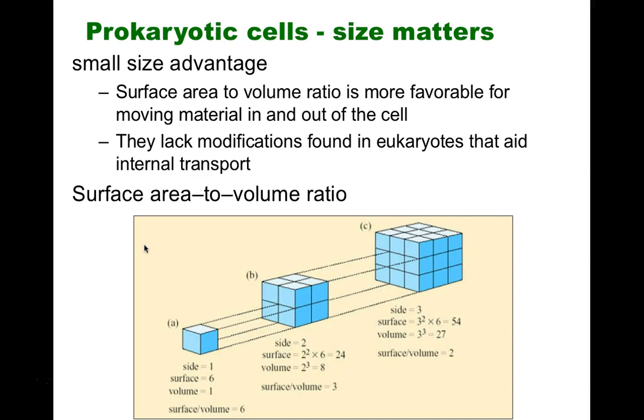With larger cells, like plant and animal cells, with that very small surface area to volume ratio, the cell does need some assistance internally to transport materials all around the cell. And that's going to allow us to see why we have different internal structures. A lot of it has to do with cell size. The larger the cell, the more complex the internal structures will be, in large part because of this change in surface area to volume ratio.